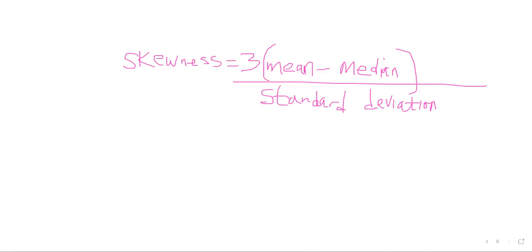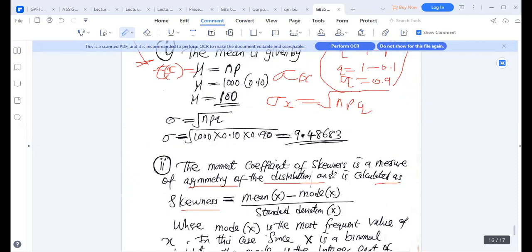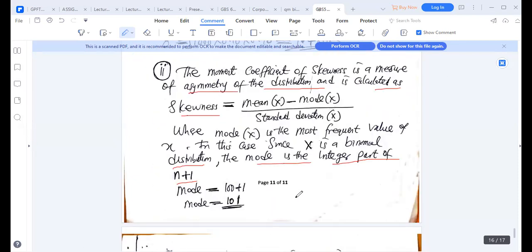So from here, our mean value is 100. The mode is equal to n plus 1, where n represents the mean, which is 100, plus a little bit for the most frequent value, plus 1. So we are simply assuming this is 101, the formula for n plus 1.